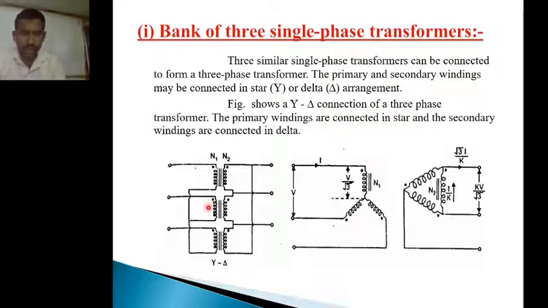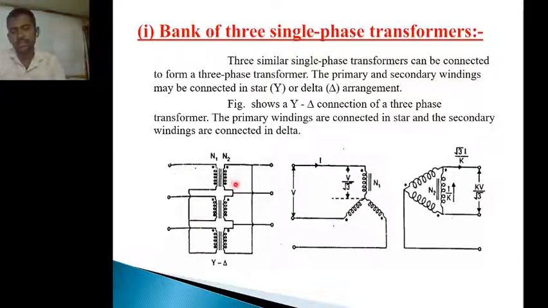In star, every transformer has a phase terminal and a neutral terminal. This is the phase for transformer 1, and this is the neutral for transformer 1, and similarly this is the phase for transformer 2, and this is the neutral for transformer 2, and similarly this is the phase for transformer 3, and this is the neutral for transformer 3. The neutrals of these three transformers are connected to one point, and that connection is called the star connection.